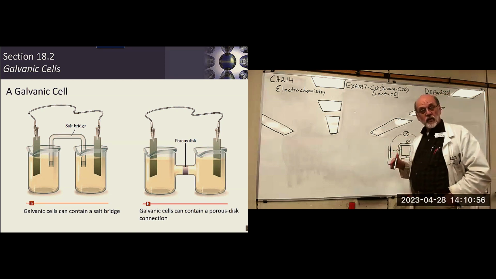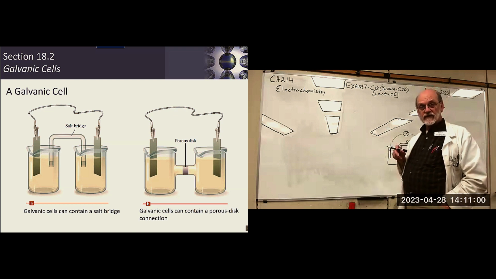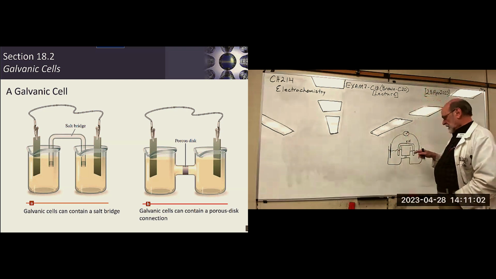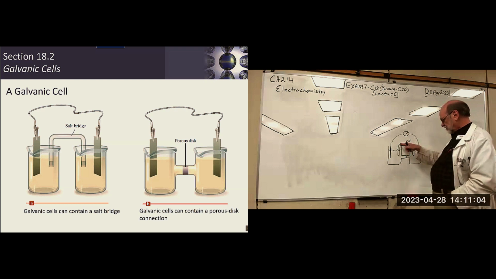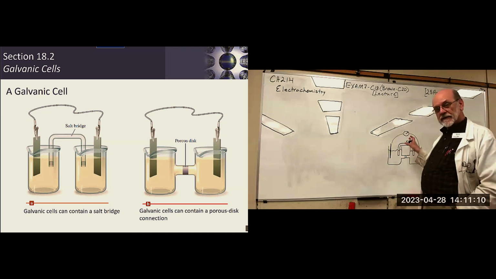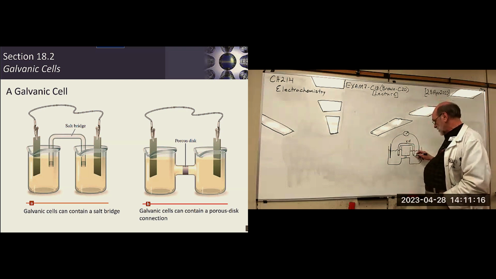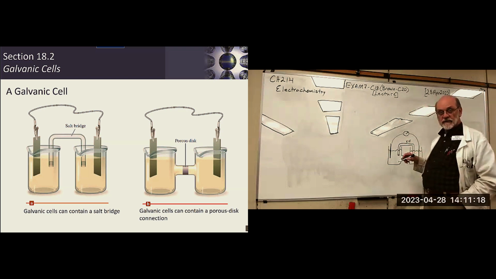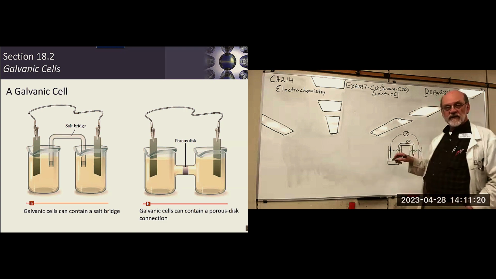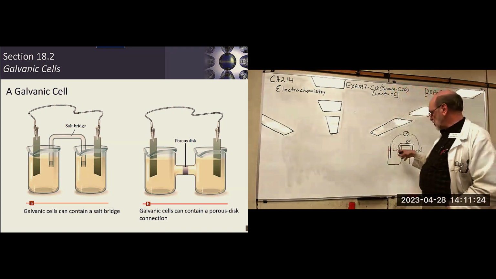The advantage to a porous disc is there's less internal resistance to the movement of electrons. With this, all this space in here that's occupied by your salt, usually it's either got a plug at the end to keep direct mixing from happening, just let the ions move, or it's filled with agar, right, a stiffening agent, so that it won't move.